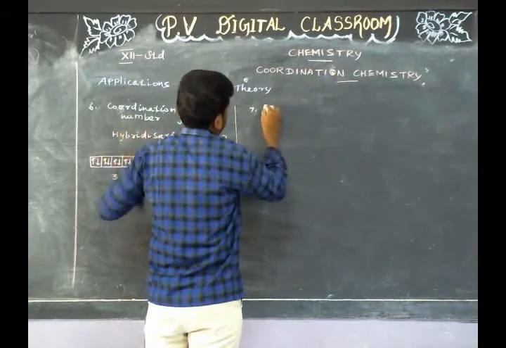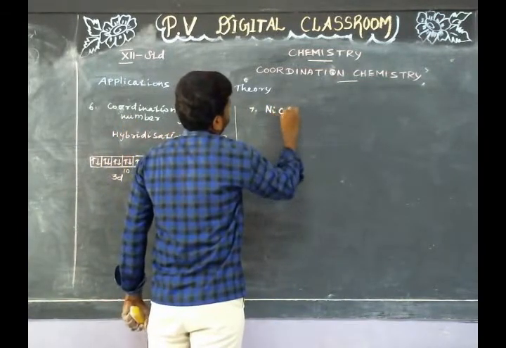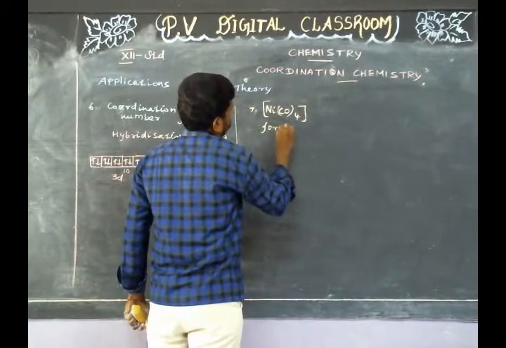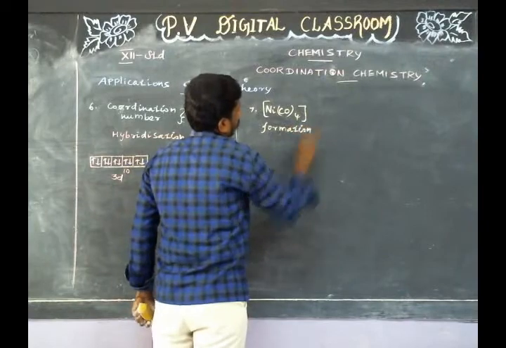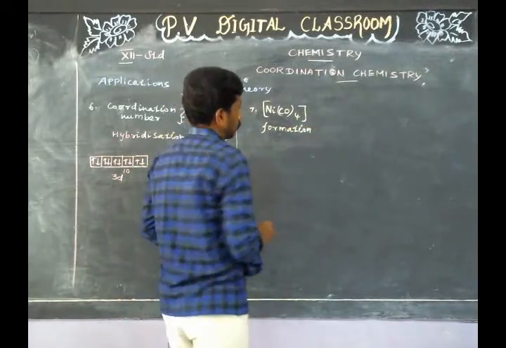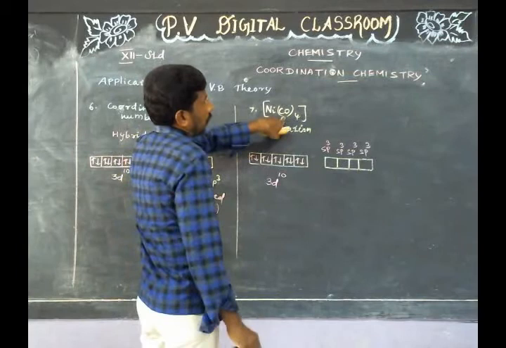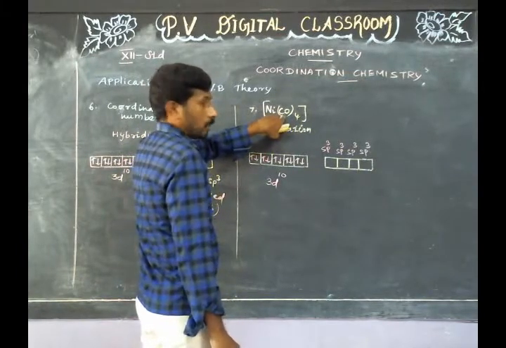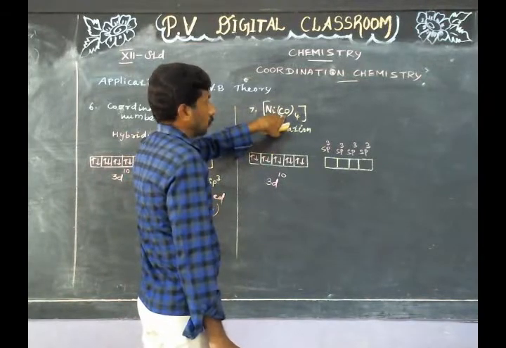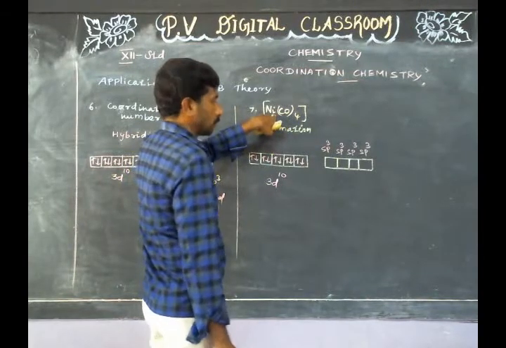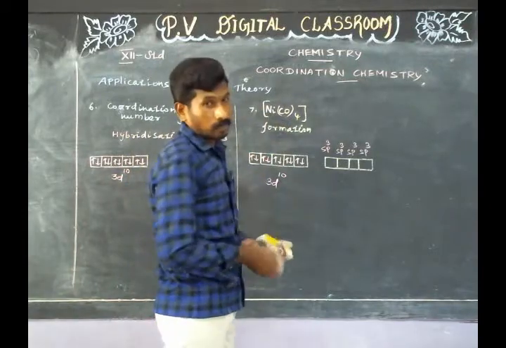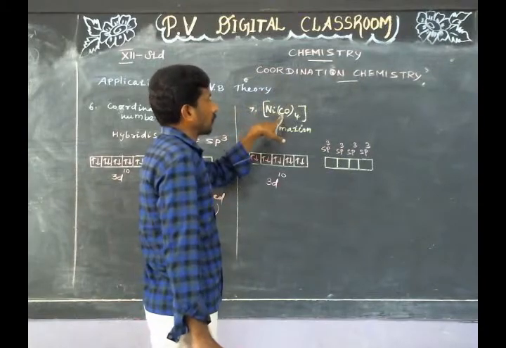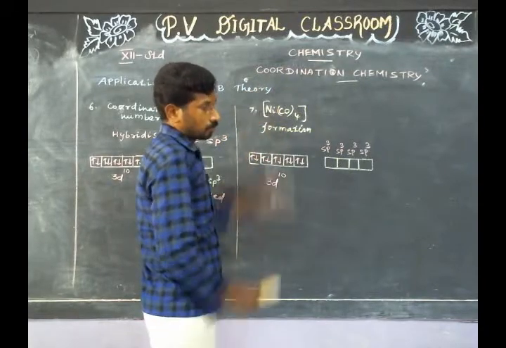Then Ni(CO)4 formation, or complex formation. In the given compound, the number of ligands is 4. Each ligand donates a pair of electrons to the central metal atom to form a coordinate covalent bond between itself and the central metal atom.